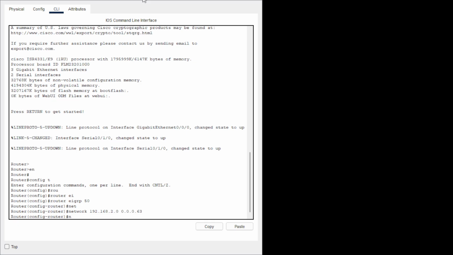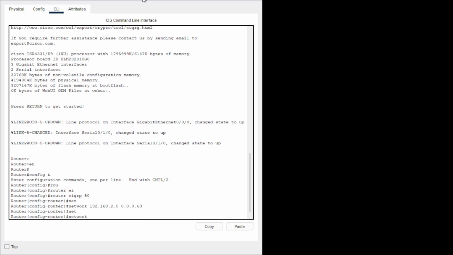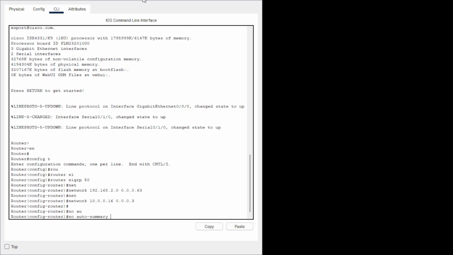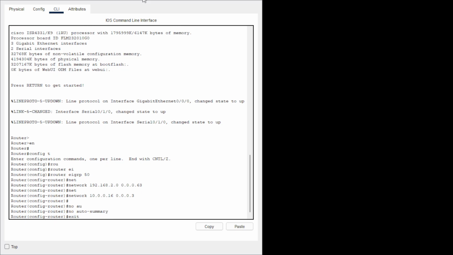The next network is connected to its serial port, 10.0.0.16 0.0.0.3, no auto summary, exit.